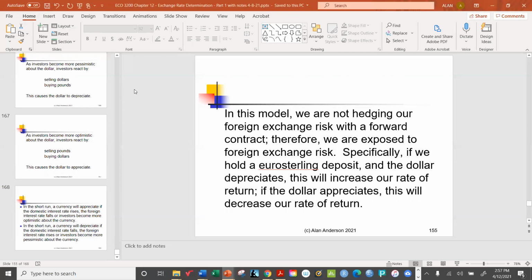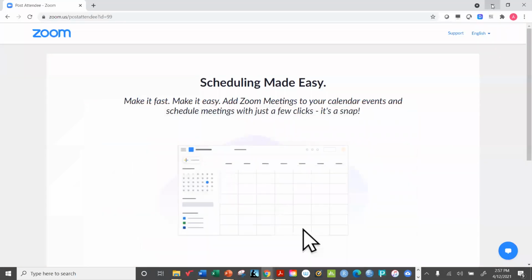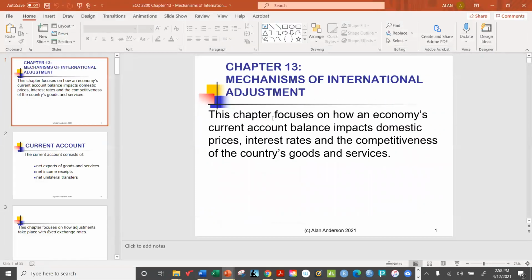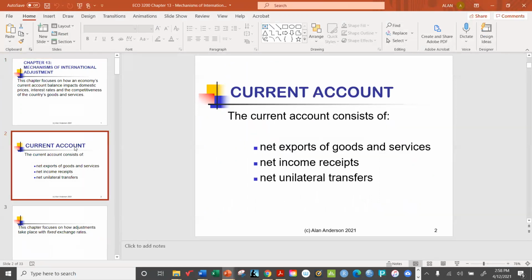All right, now it's time for the next chapter, 13, which is very different than this one because we're looking at how trade affects the economy. Specifically, if you recall from way back in the beginning, we talked about the balance of payments, and specifically we were looking at the current account.